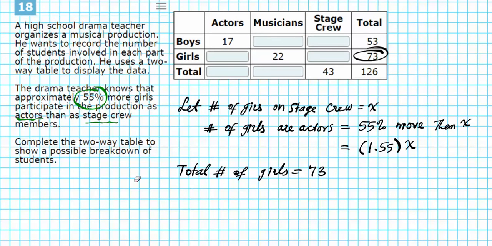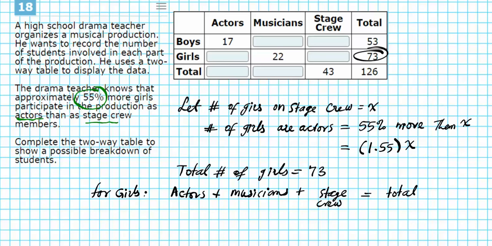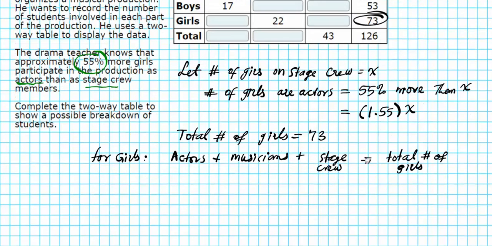Okay, so for girls, actors plus musicians plus stage crew, all this together gives you the total number of girls. Okay, so how many actors were there?